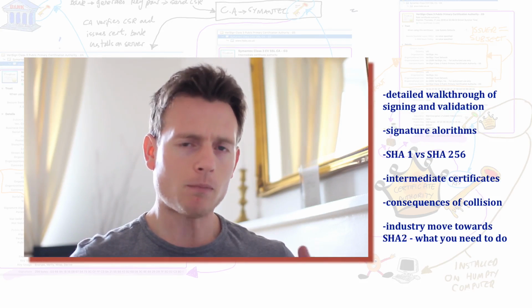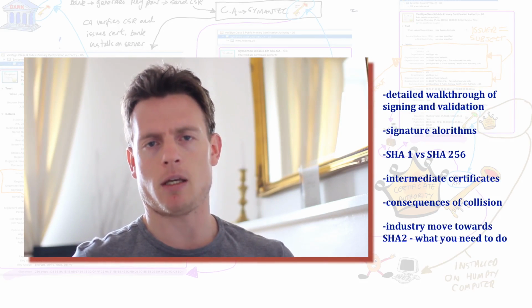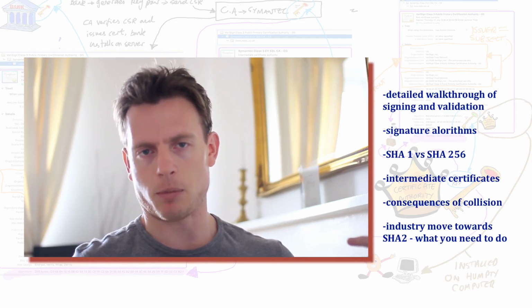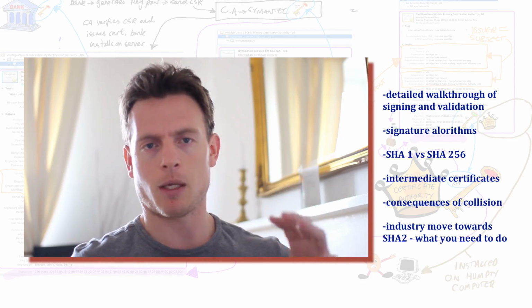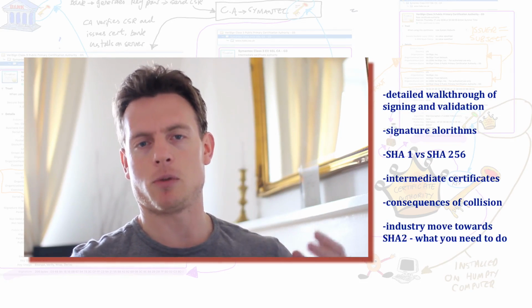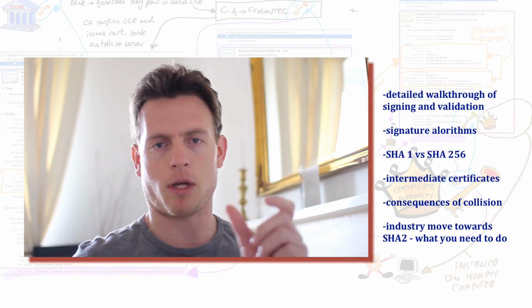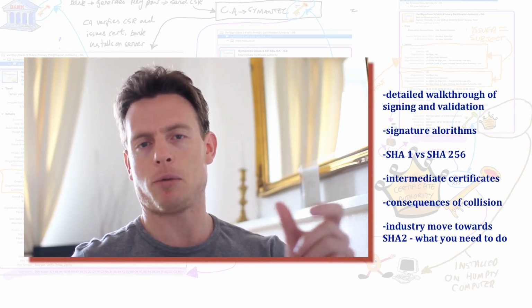So basically, SHA-1, as explained in a previous video about signature algorithms, is a hashing algorithm that enables you to sign a document and create a unique digest to represent a certificate.